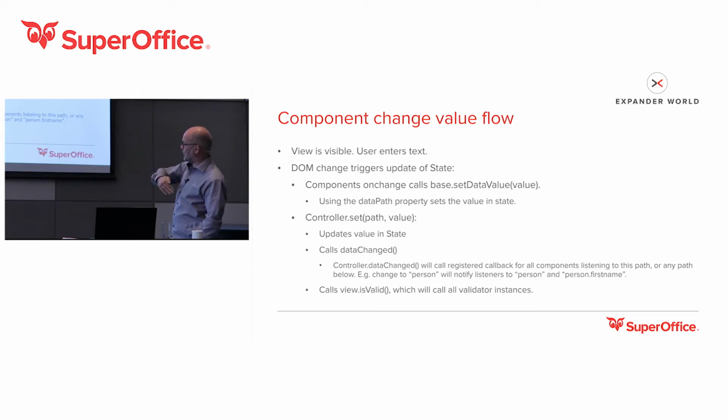That means it will notify everybody that is listening that now this has changed, and it will also call is valid on the view, and that will recursively check every component and ask, are you valid or not? And then if somebody is not valid, you will get an invalid form event happening, and then you can show a message or something. So that's how that works.